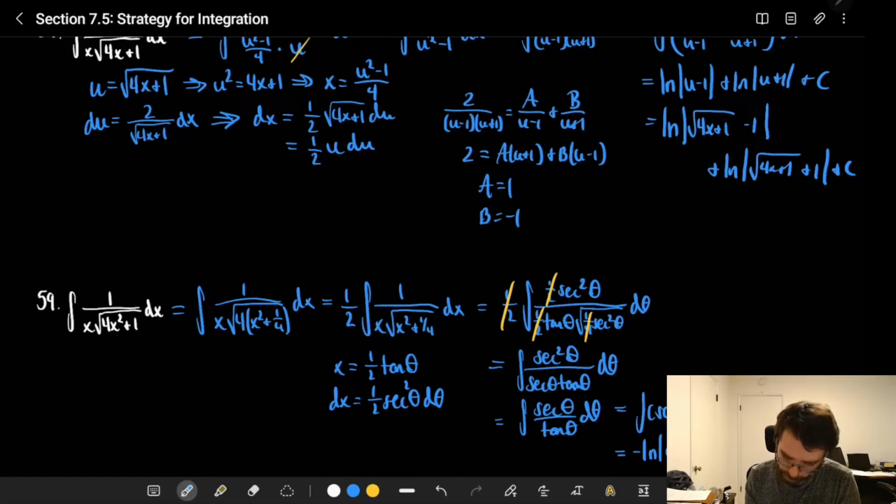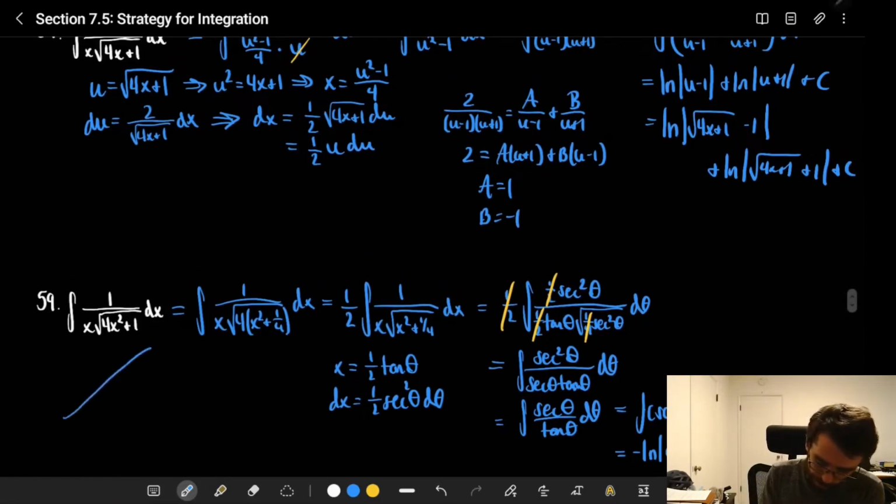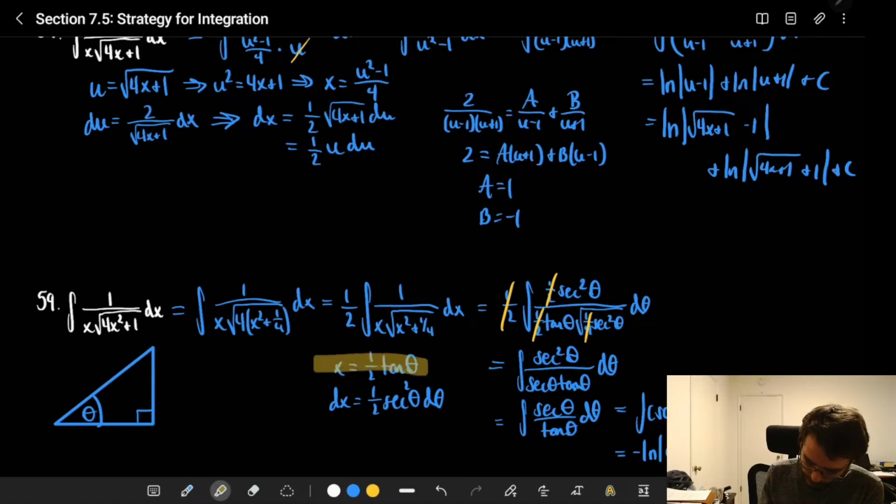Of course, you still have to convert back to the world of x's, for which you should draw a right triangle. Right triangle that obeys this thing, which is to say you want tangent of theta equal to 2x.